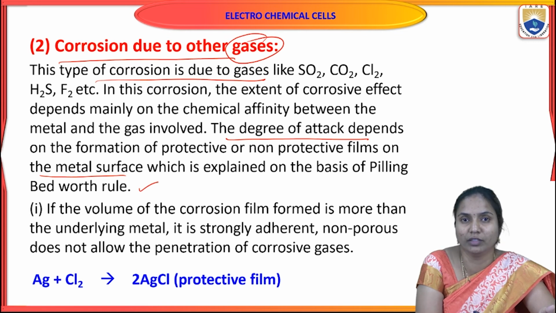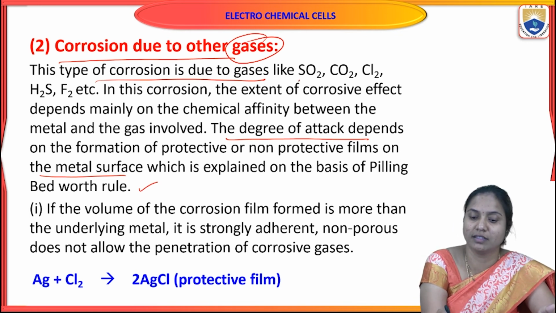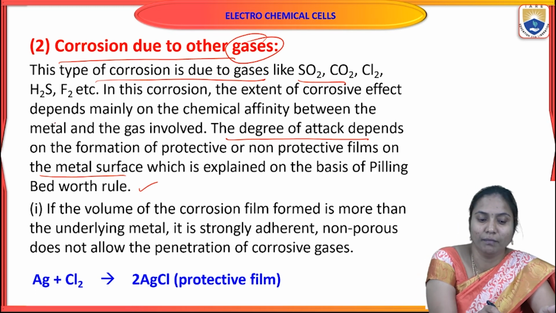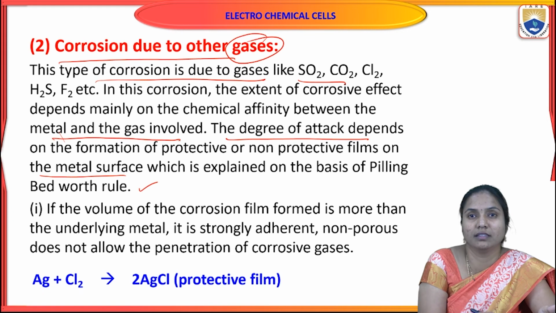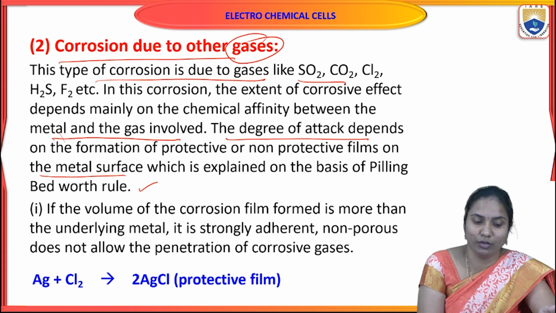According to the Pilling-Bedworth rule, when the metal interacts with gases such as sulfur dioxide, carbon dioxide, chlorides, hydrogen sulfide and fluorides, it forms a corrosion product. The corrosion effect depends mainly on the chemical affinity between the metal and the gases involved, and whether the layer is protective or non-protective is explained by the Pilling-Bedworth rule.